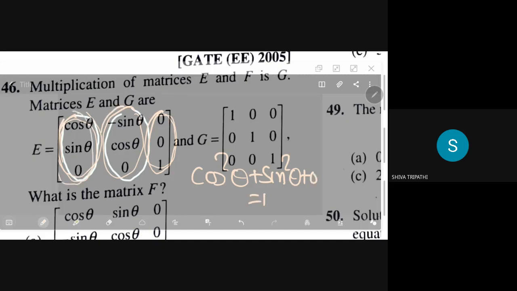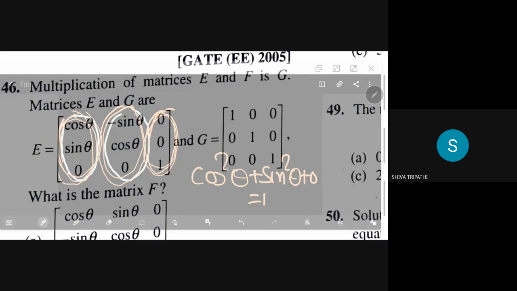This dot this is anyway 0. This dot this is anyway 0. So this is orthogonal. Not only that, you take the dot of this with itself: cos theta, sin theta, 0 with cos theta, sin theta, 0. So cos square theta plus sin square theta plus 0 is 1. The norm of this vector is 1, of this vector is 1, of this vector is 1. That is why it is an orthogonal matrix. So the transpose gives the inverse.